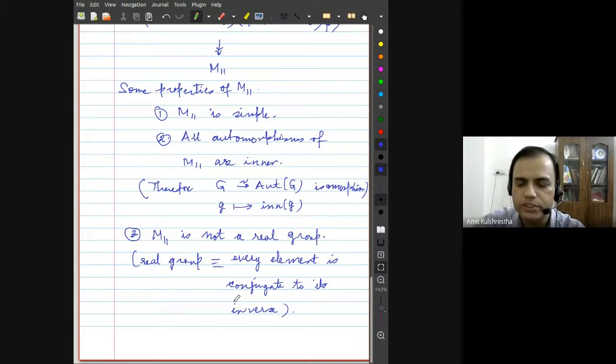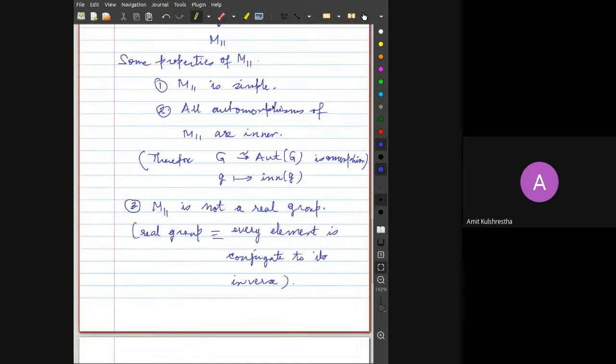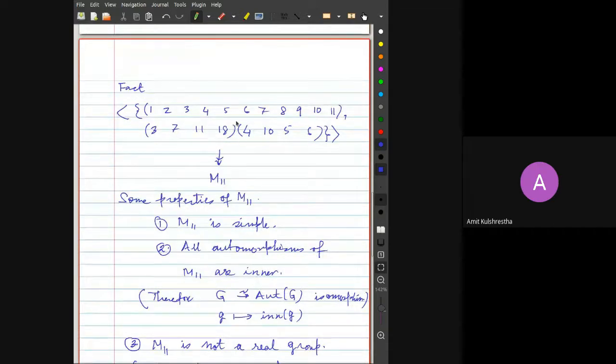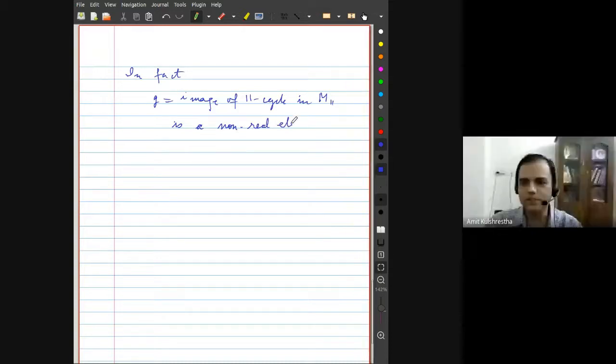And in fact, for M11, if you take the image of that 11-cycle, that 11-cycle was there, no? So it survives, of course, it has to survive. Yeah, it's one of the generators. So the image of the 11-cycle in M11 is a non-real element. Non-real element meaning it's not conjugate to its inverse.